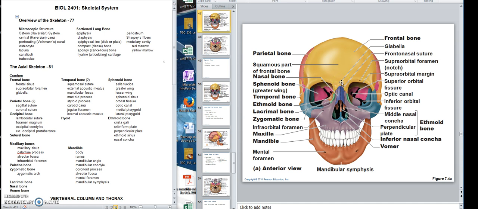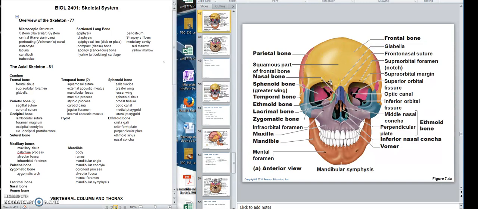For the frontal bone, that's all she's named. I'm going to stick with that because, like I said, in class I do more. Now, I will add one more, the squamous portion. That's your forehead. If you put your hand on your forehead, that's the squamous part of the frontal bone.